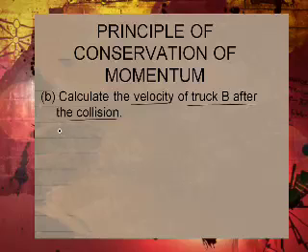Okay, now the second part of the same question that we were working on, question number B, says calculate the velocity of truck B after collision. Now we are told that these two trucks couple together after collision, so I would write my formula in this way: MA VA initial plus MB VB initial should be equal to MA plus MB times V final.